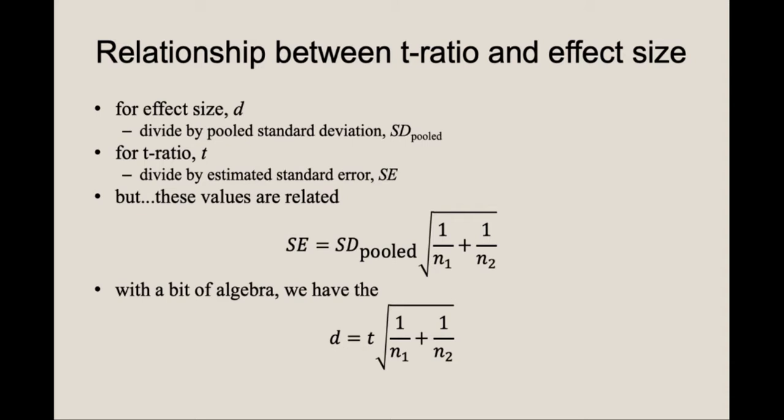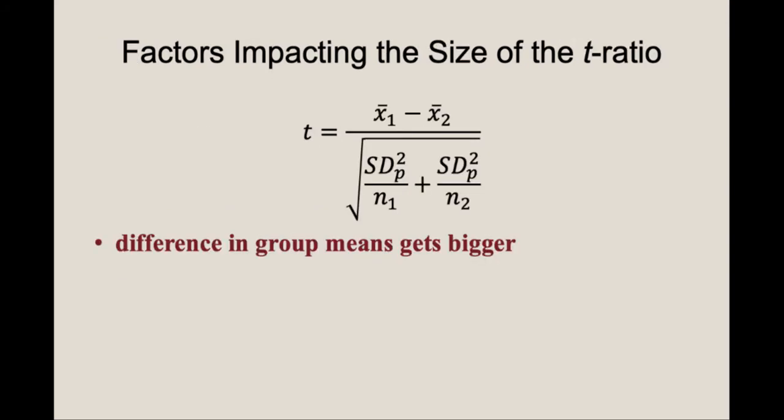Thus, if you only have the t-ratio and the sample sizes, which usually is part of the minimum requirement to be reported in any reputable peer-reviewed journal, you can calculate the effect size using this formula. The effect size d is the t-ratio times the square root of the sum of 1 over each of the sample sizes.